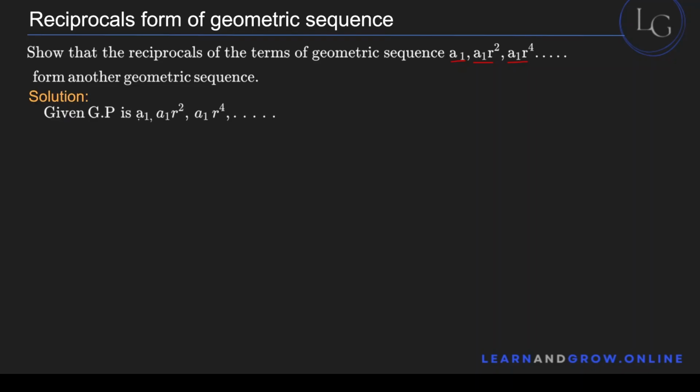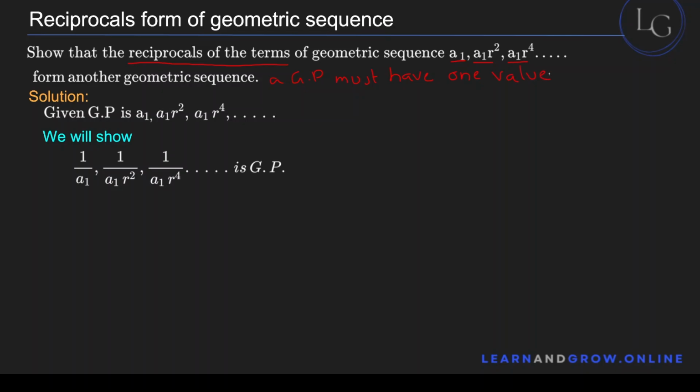We have been given that this is the geometric sequence. The question asks for the reciprocals of these terms and to show that they are also in a geometric progression. The only requirement that a geometric progression has is that it must have one value of r, which is the common ratio.